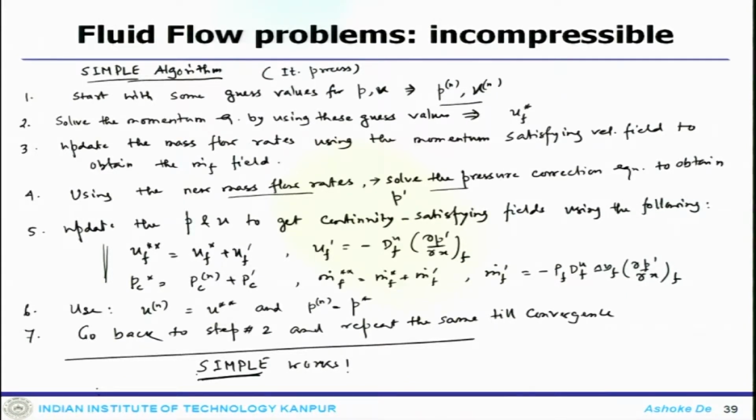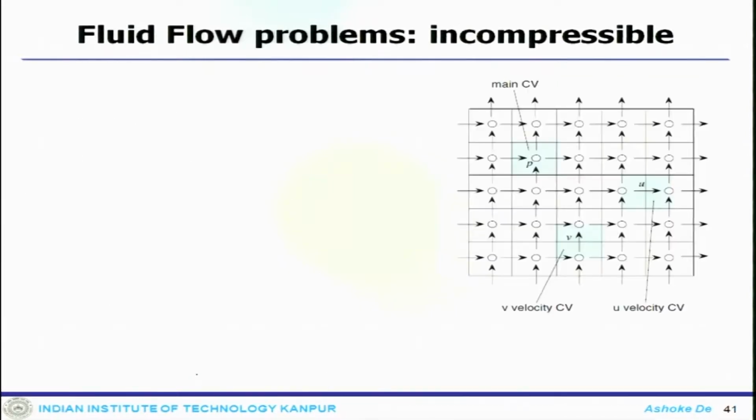So, now if we go to a two dimensional domain, what happens there? We can actually go back to a system where you see this is a 2D Cartesian staggered grid.